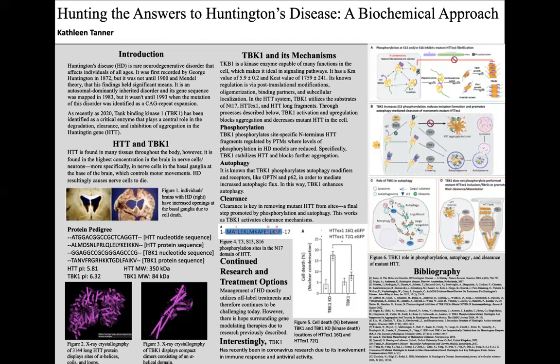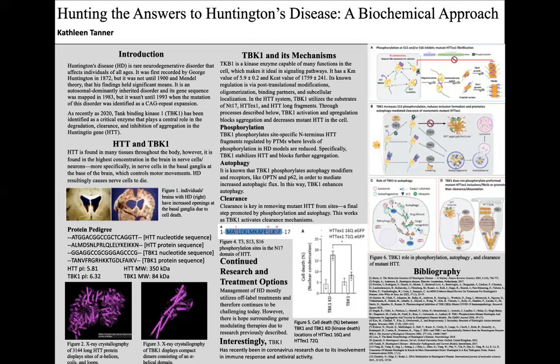Translating into a polyglutamine repeat beginning after the first 17 amino acids, this leads to misfolding, aggregation, and toxicity. As recently as 2020, an enzyme associated with the biochemical pathway involving the Huntington gene was identified as TBK1.